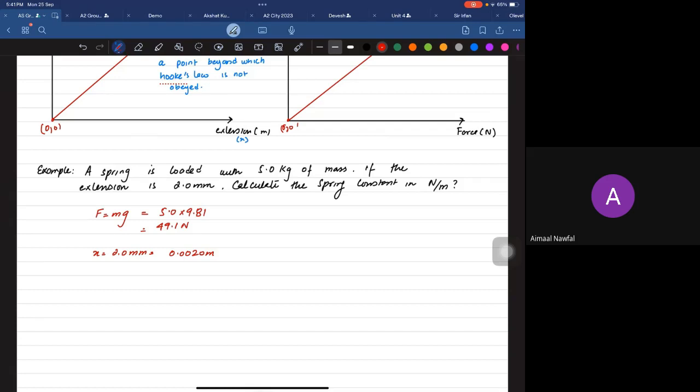Then you apply F equals kx, and k will be equal to 49.1 divided by 0.0020, which should give you about 2.5 times 10 to the power 4 Newton per meter. Please check. Very simple. Nothing extraordinary here.